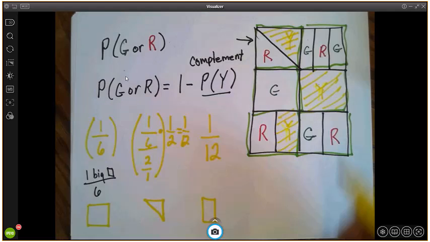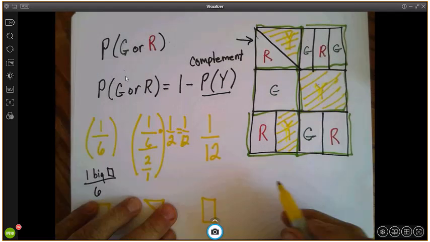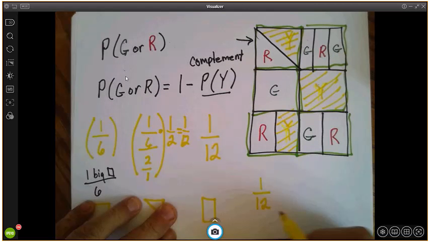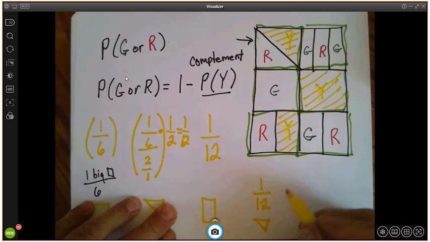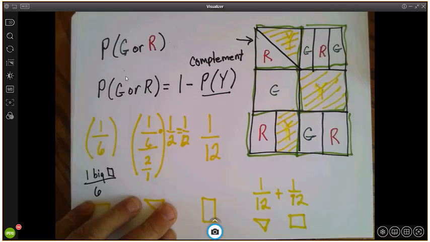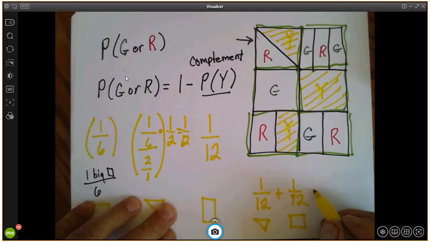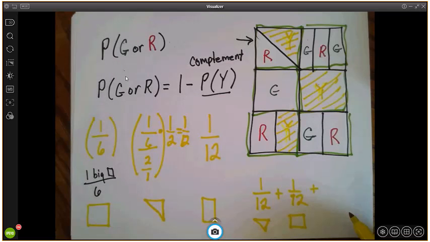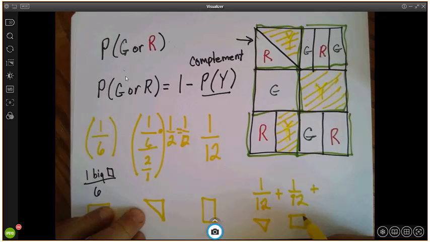So we've got 1/12 in the half plus 1/12 in the big square, and then plus 1/6. 1/6, I'm sorry, that's the medium square.